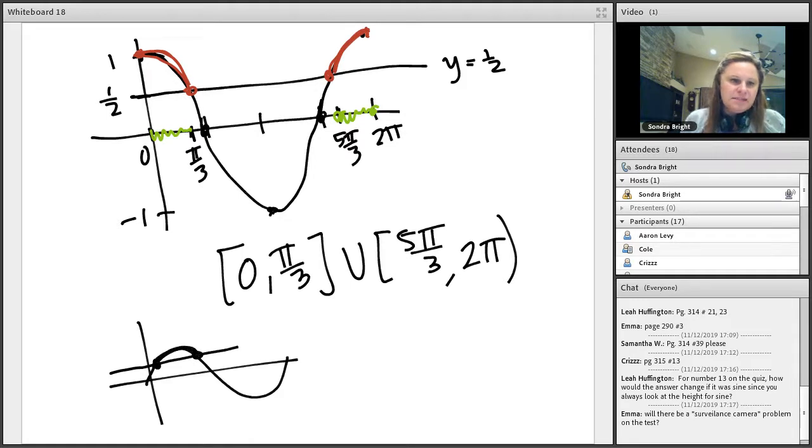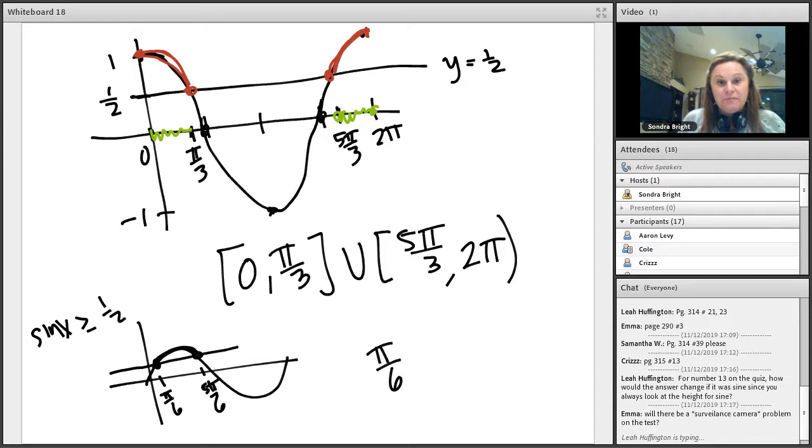This is if sine of x was greater than or equal to 1/2. Well, sine is 1/2 at pi over 6, and then again at 5 pi over 6. And so it would just be from pi over 6 to 5 pi over 6.